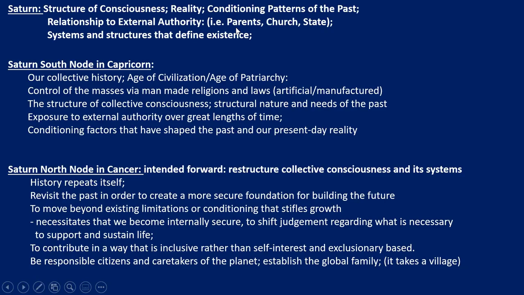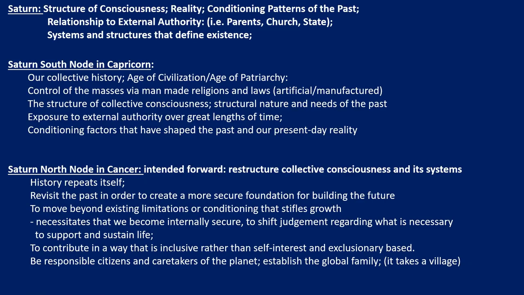Saturn, structure of consciousness. Saturn represents conditioning patterns of the past, our relationship to external authority, i.e. parents, church, and state. The systems and structures that have defined our existence, the systems and structures that we know today. And we see democracy and all those kinds of systems now being greatly challenged.